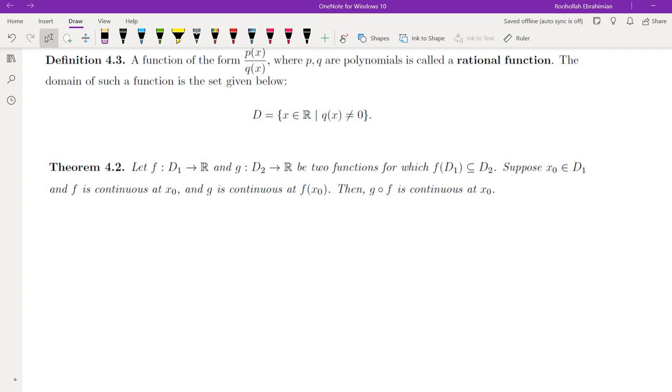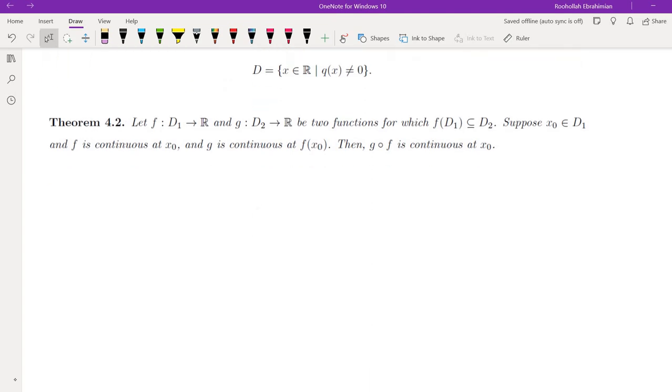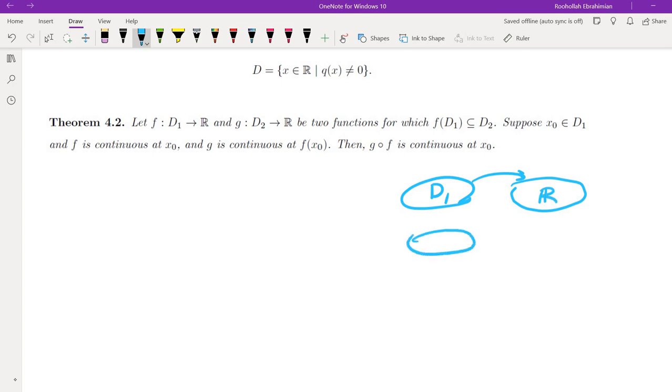Okay, let's look at the last theorem for today. If you take two functions, f from D1 to R, so the domain is D1 and the codomain is R, and a function g from D2 to R, I would like to compose these.